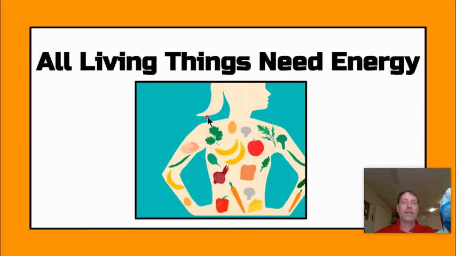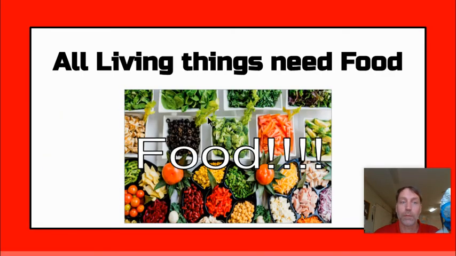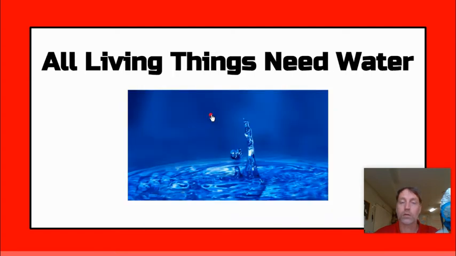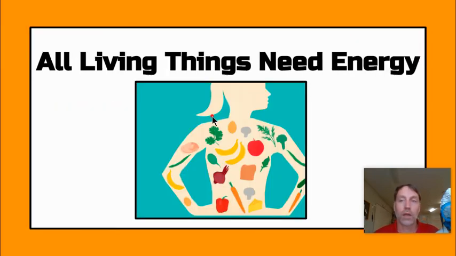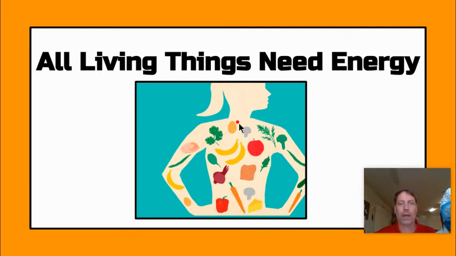So living things need energy. I want you to think about energy again. Food turns into energy, but living things have to then convert that energy to move. When you eat food, that is stored energy called potential energy. An apple and a banana and a beet and a piece of bread and a carrot and some meat and an egg and a mushroom, a little bit of parsley over here, has stored energy in it.